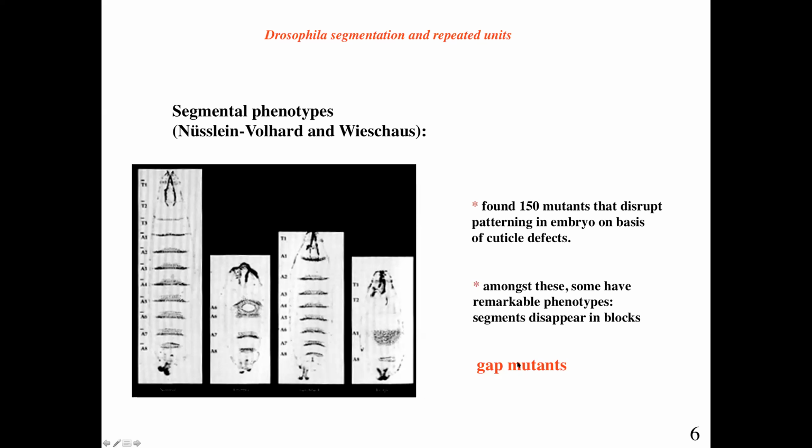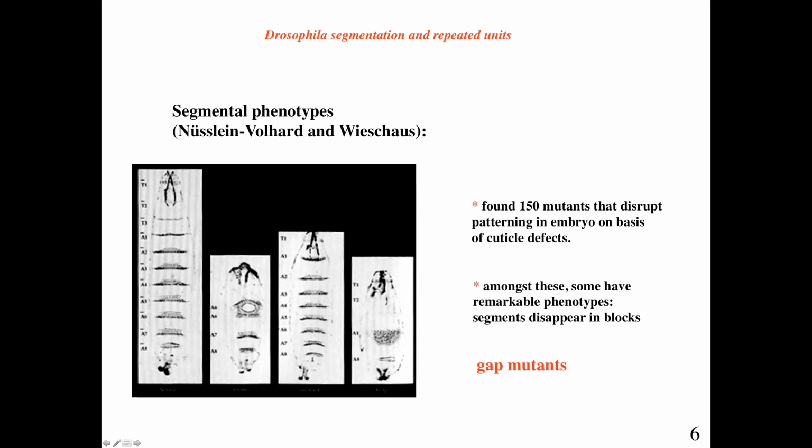So the first group, which I mentioned last class, are the gap mutants. In them, huge numbers of segments were gone. So the segments disappeared as blocks. Like here, the entire thoracic segment is gone, and many of the abdominal segments, from T1 all the way to A5, A6, A4 is gone.